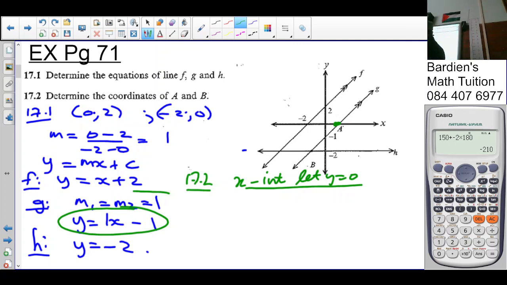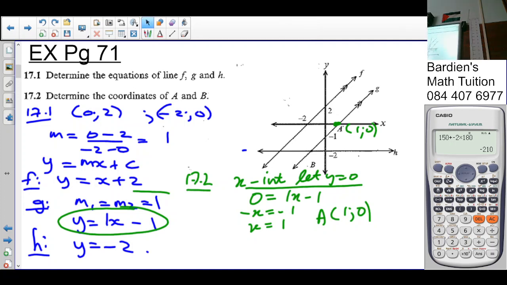So x-intercept at y equal to 0. So 0 is equal to 1x minus 1. So that over becomes negative x is equal to negative 1. Divided by negative 1, x is equal to 1. Have I answered the question? No. So A is going to be (1, 0).